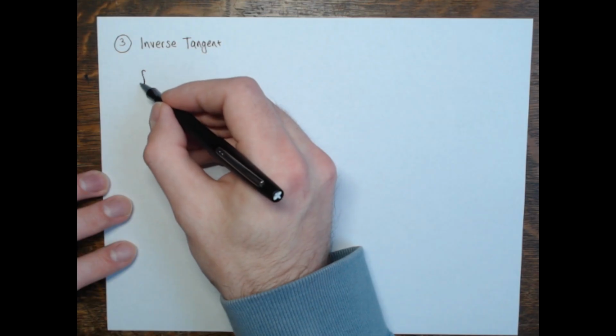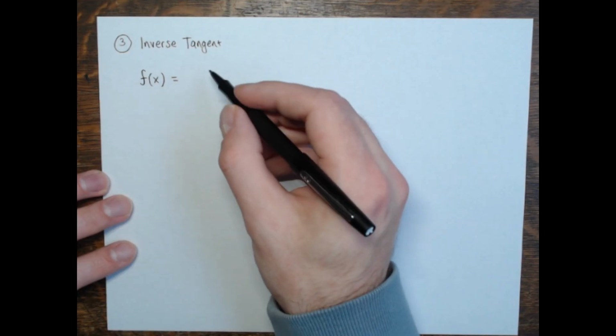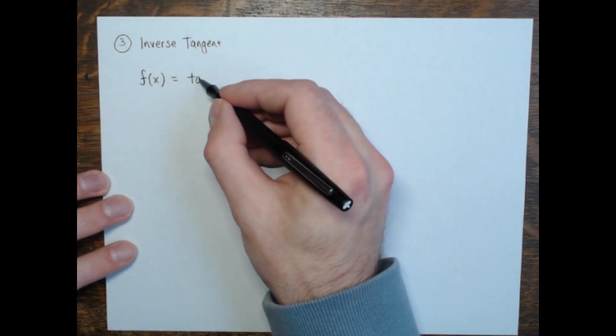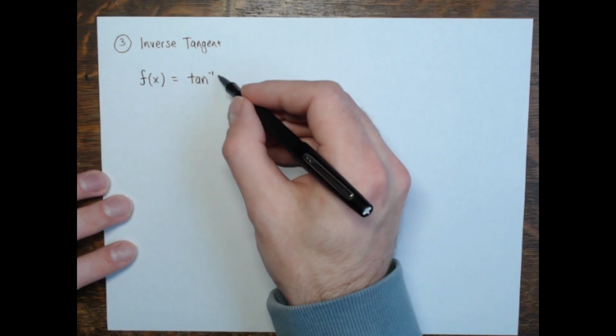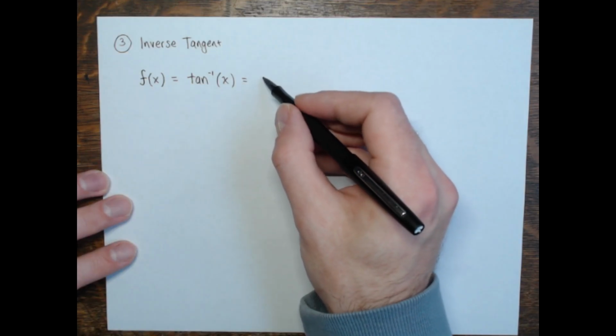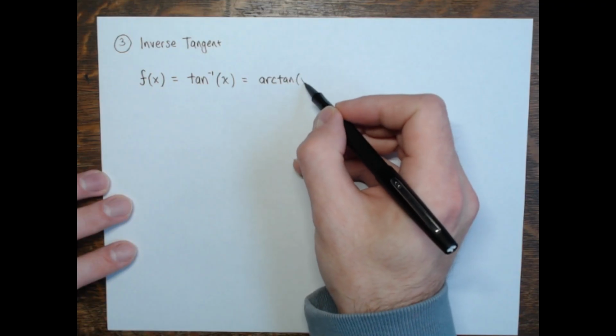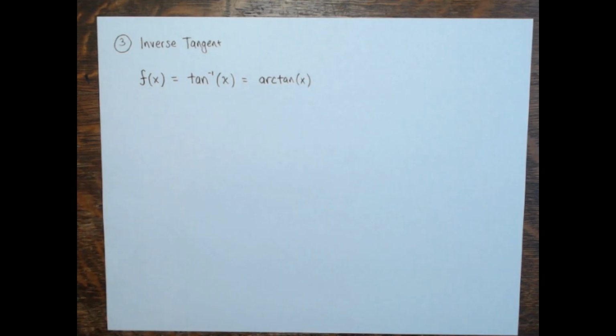So now again the plain old f, the function I care about, is inverse tangent, so tangent with a little -1 above it of x, or arc tangent of x. And just another refresher as to what this looks like.